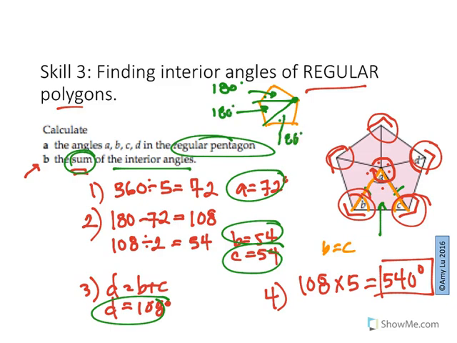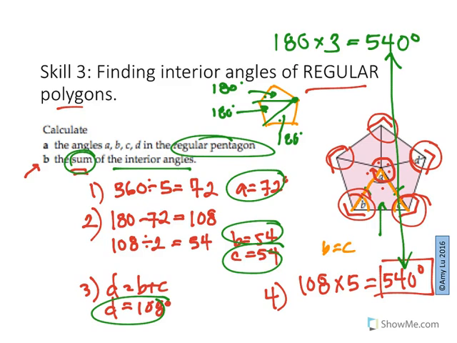Well, what's 180 times 3? 540. Well, isn't that interesting? A pentagon is 540 degrees, and we figured out that if we dissected that shape into triangles, we could also figure out how many degrees it is.